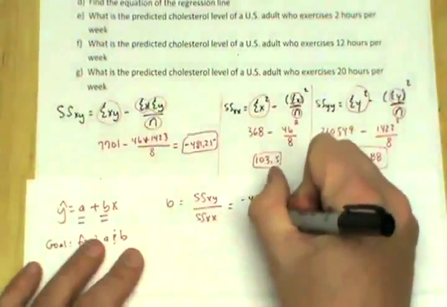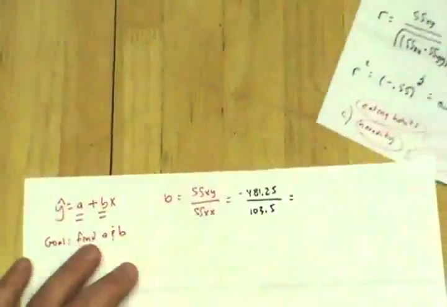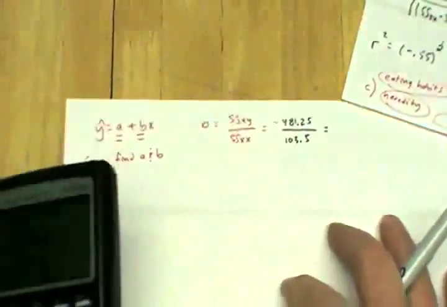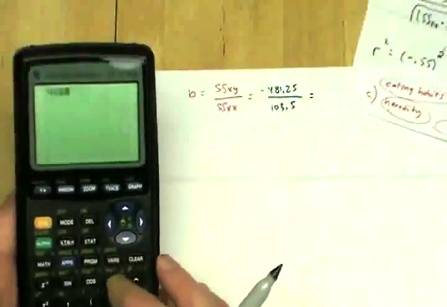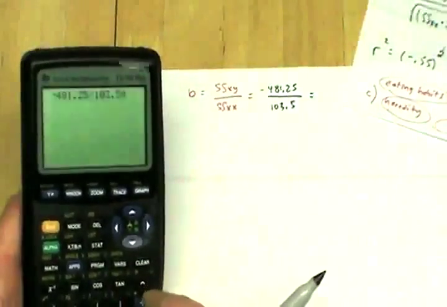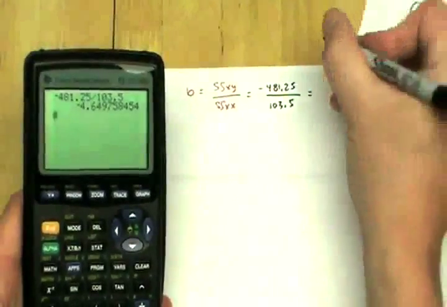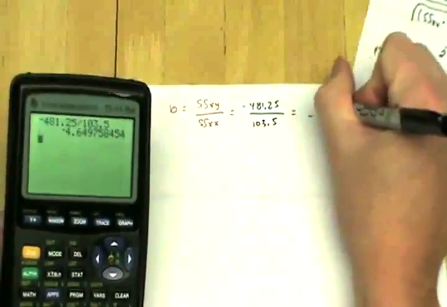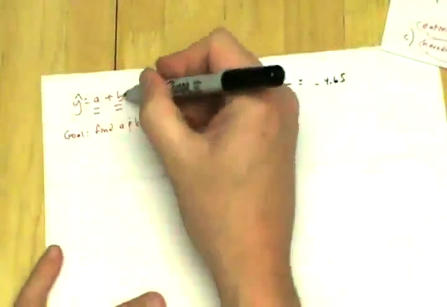So we already did the work. That's good news. We're going to divide those two in our calculator. Negative 481.25 divided by 103.5. Okay, we're getting back negative 4.65. So that's our value for B. So we're halfway home. We got B.